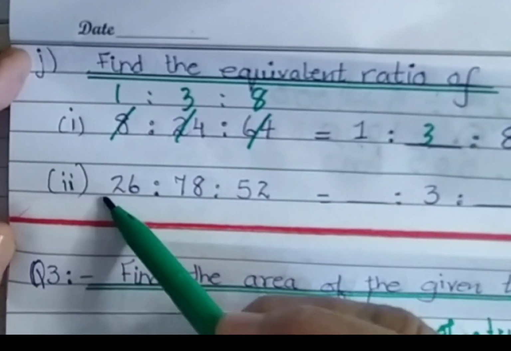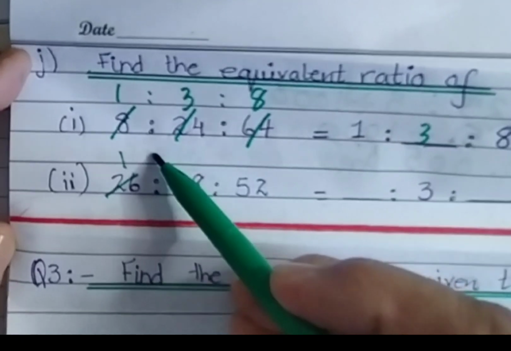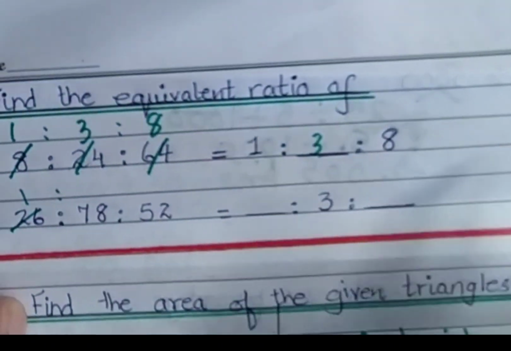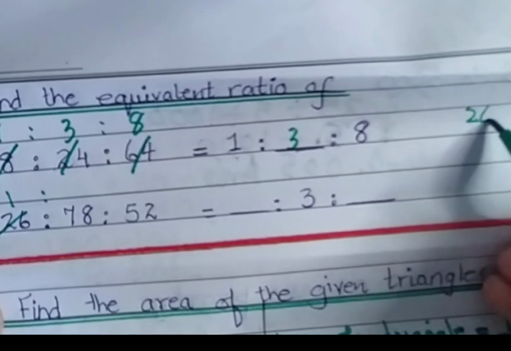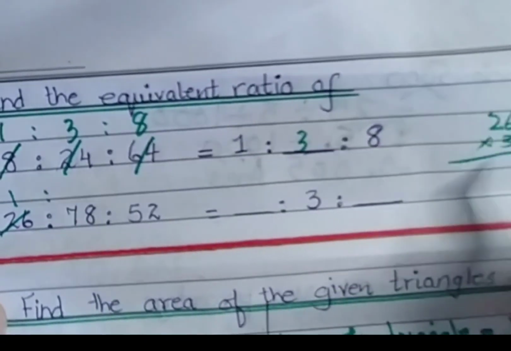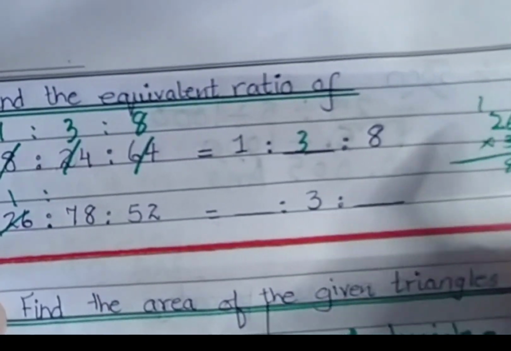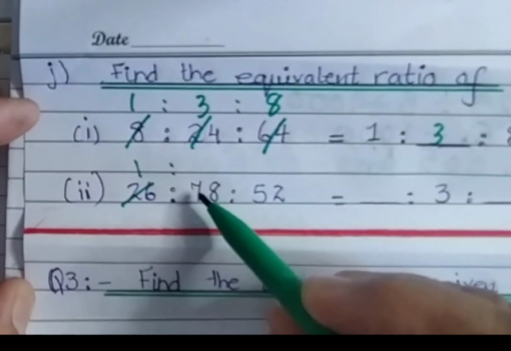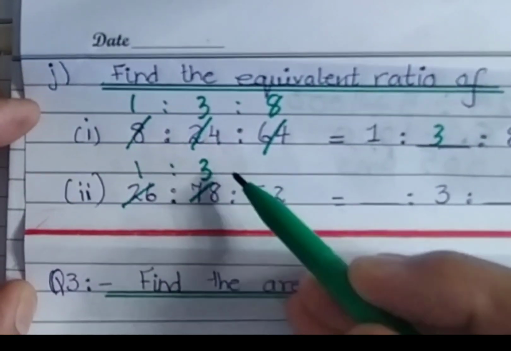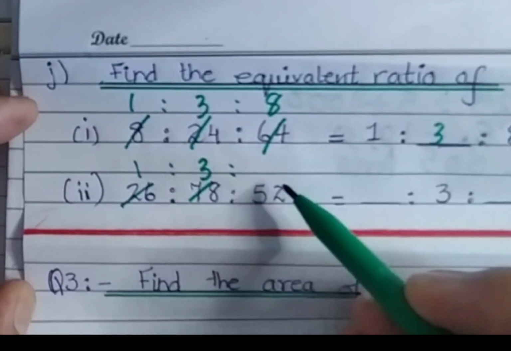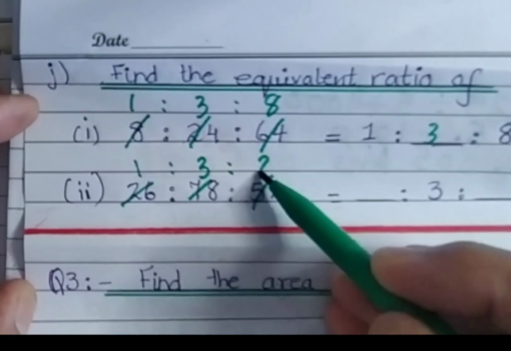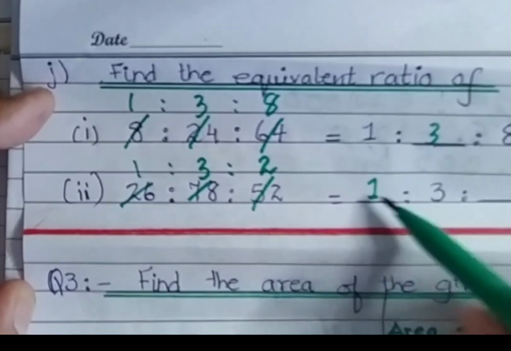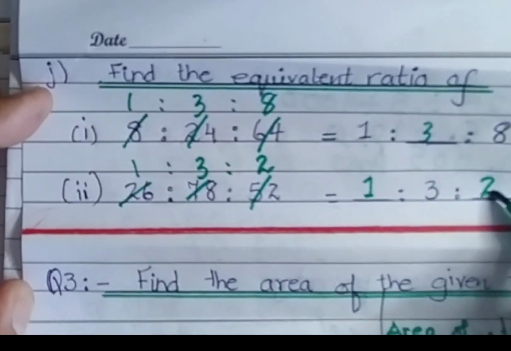So I will try 26 ones are 26, and 26 times 3, let's do the working here. 3 6s are 18, 3 2s are 6 and 1, 78. Yeah, so correct. 26 times 3 is 78, and 26 times 2 is 52. So 3 is already given here. You have to fill in the numbers here.